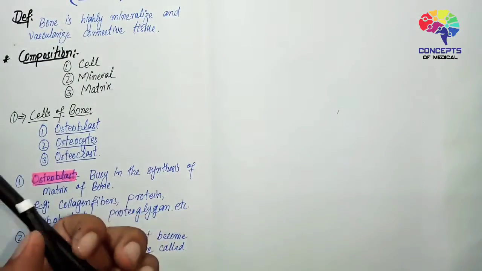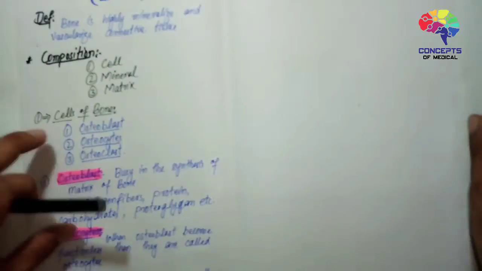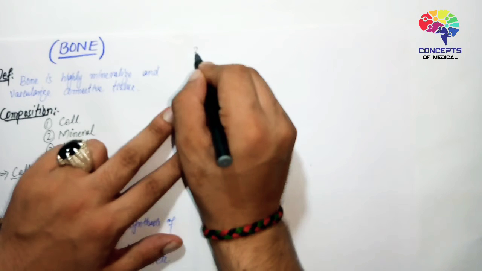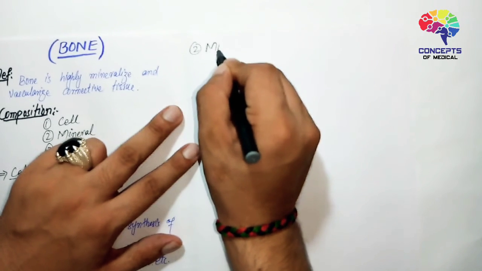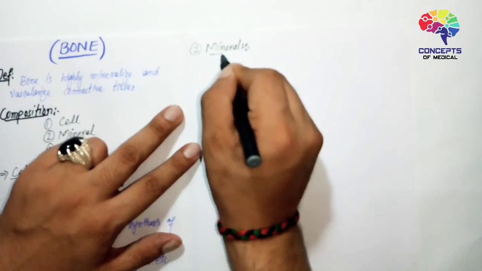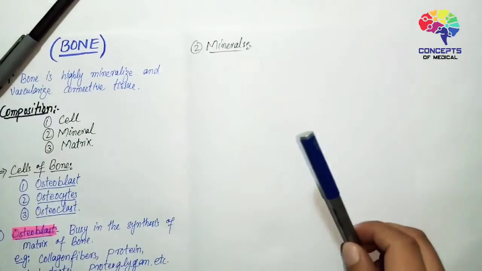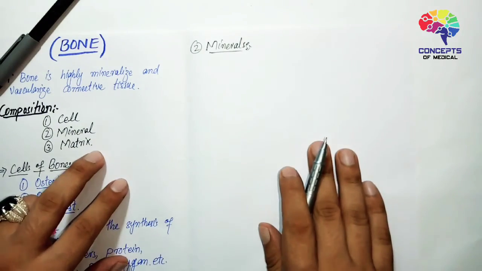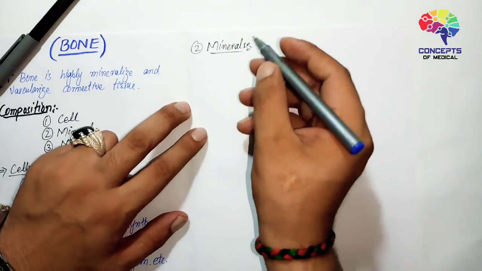So let's move on to the second point, which is minerals. So what are minerals, right? The second point we will discuss now is the minerals. So what type of minerals are present within our bone? The minerals of the bones are present in a chemical form called hydroxyapatite, right?